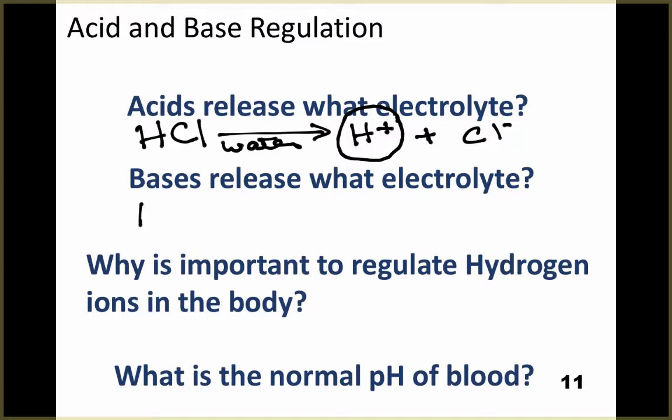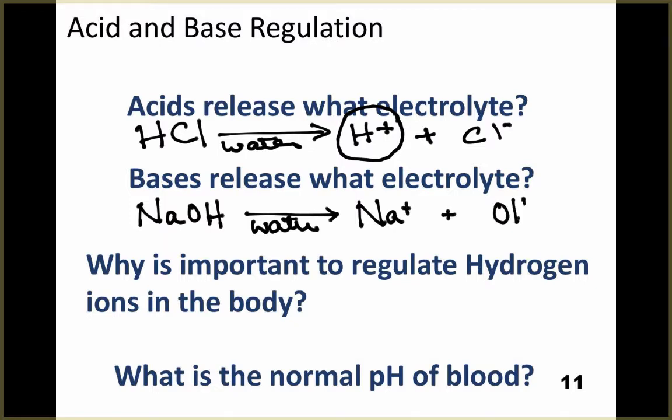Now, if you remember in lab when we talked about bases, I gave you this example of sodium hydroxide. And in water, it dissociates into two components. What are they? You would be right if you said sodium and then the hydroxyl.